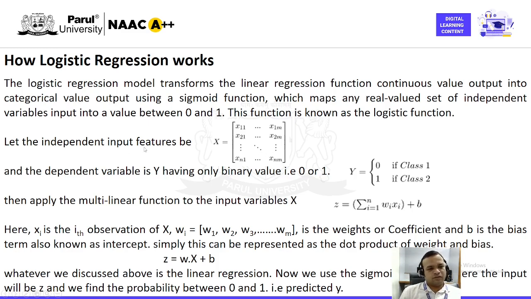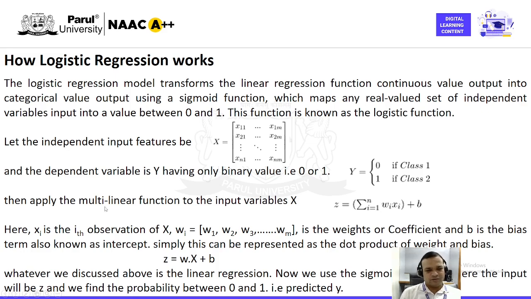The dependent variable has only binary values, which means 0 or 1, and you can represent it by y equals 0 or 1. For example, if class 1, the output will be 0, and class 2 output will be 1.